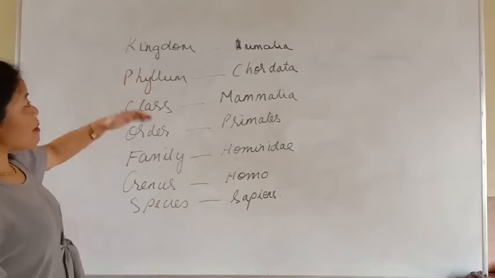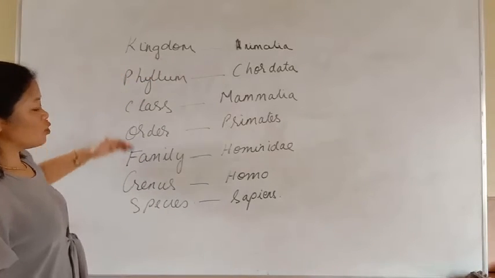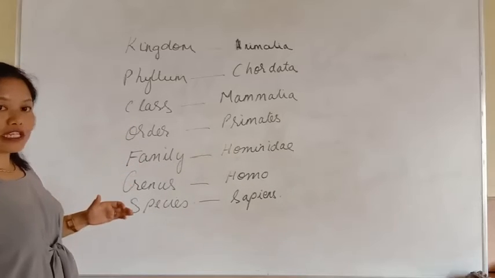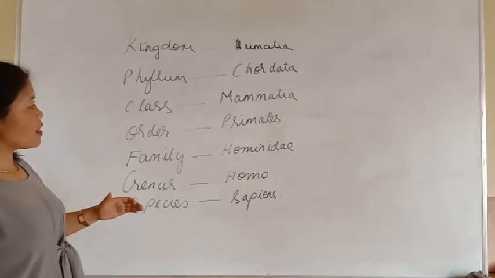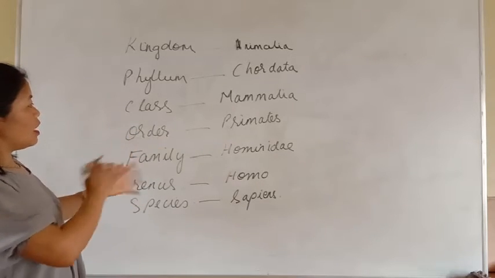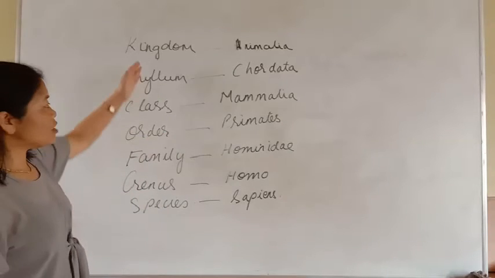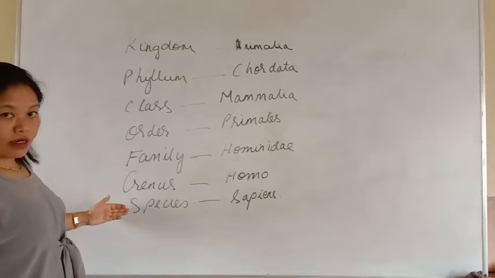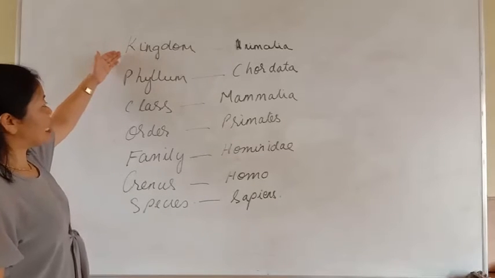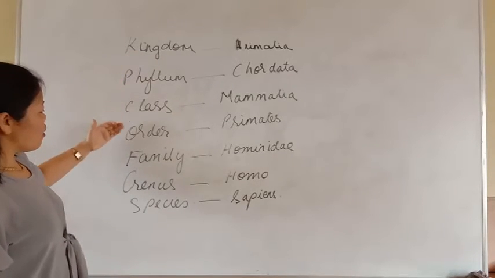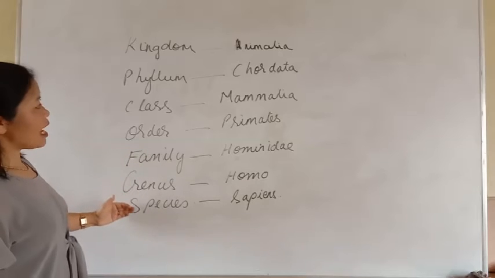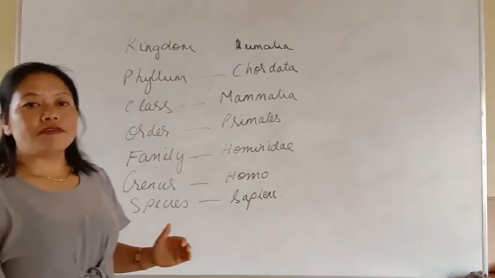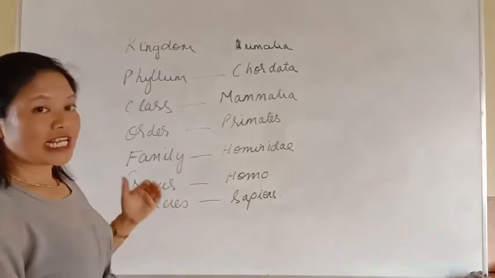So when you have to classify certain organisms, you cannot arrange them randomly. It has to be in this taxonomic hierarchical order, starting from kingdom, phylum, class, order, family, genus, and species.